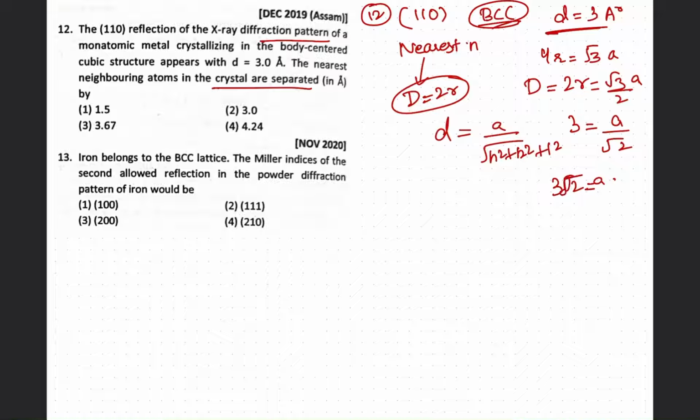Okay, now evaluating this value in here, you will get d is equal to under root 3 by 2, a is 3 root 2. Okay, so upon solving this, you will get 3.67 Armstrong.